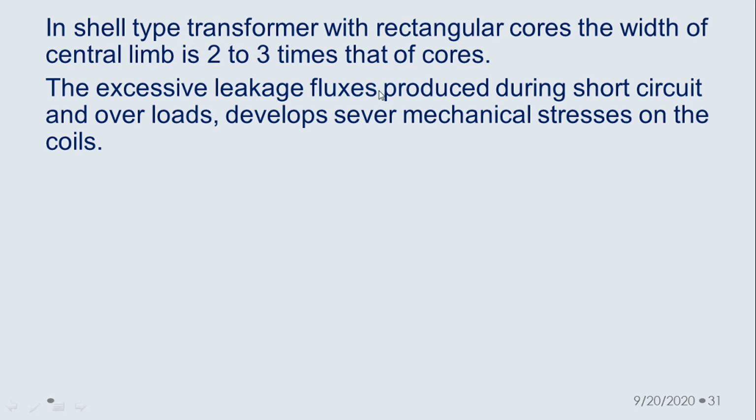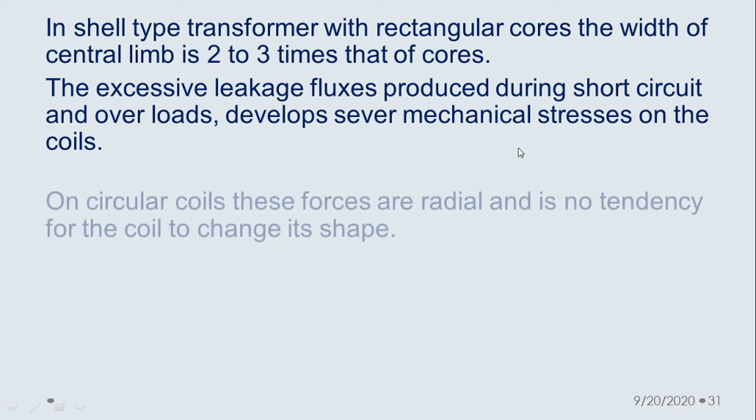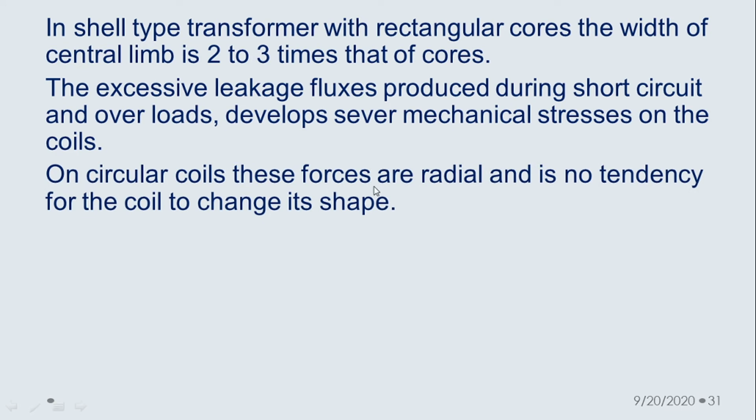The excessive leakage fluxes produced during short circuit and overload develop severe mechanical stresses on the coils. So the leakage fluxes which are produced if a short circuit occurs in the transformer develop severe mechanical stress on the coils. On circular coils, these forces are radial.